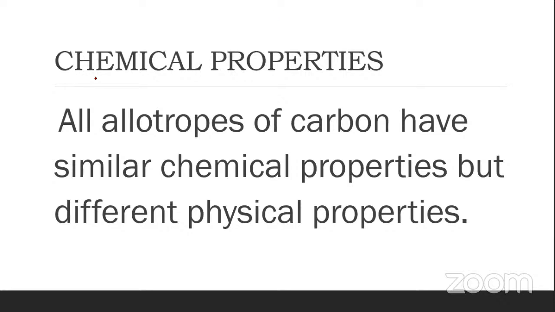We say that all isotopes of carbon have similar chemical properties but different physical properties. When we talk of the chemical properties, it is because all of them are made of carbon. So that's why we say they have the same chemical properties.